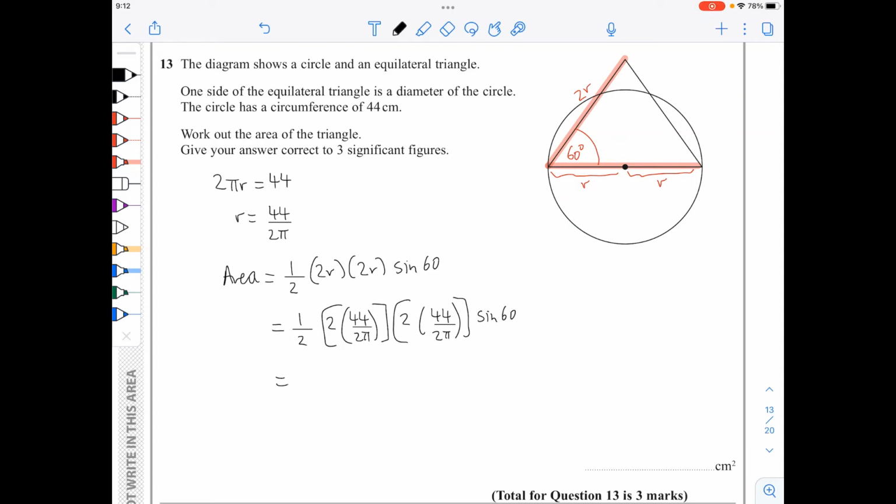I'll plug everything on the calculator as it stands and I get an answer of 84.9 squared centimeters.